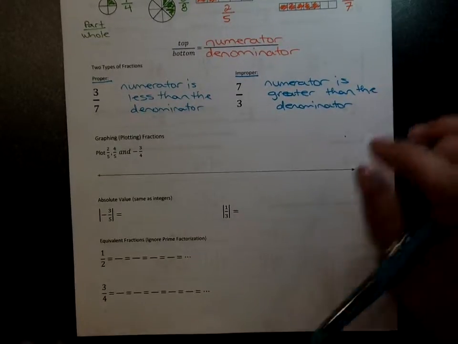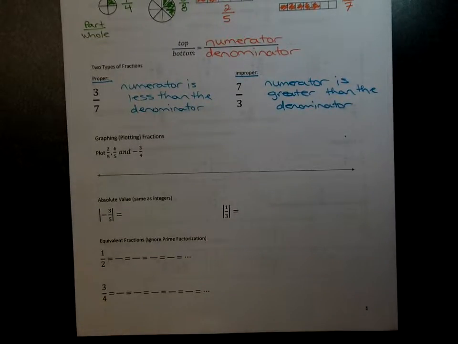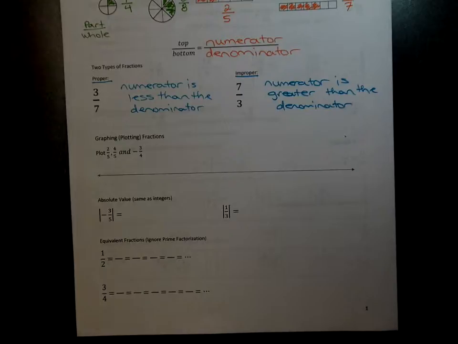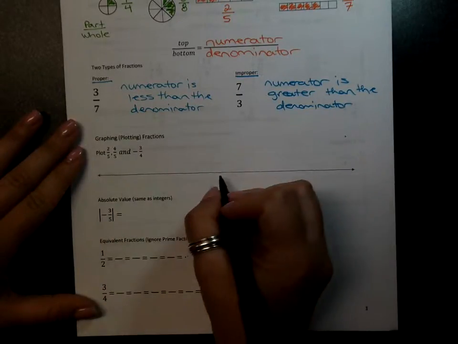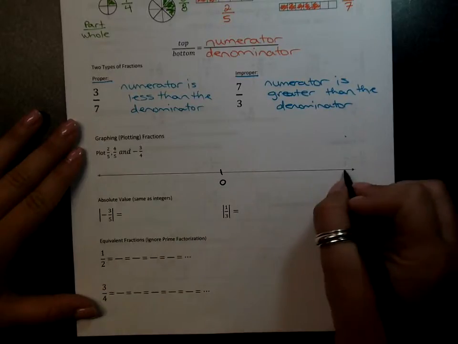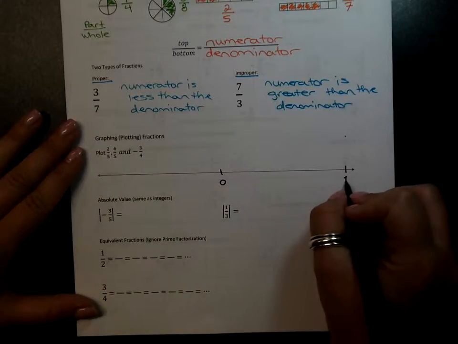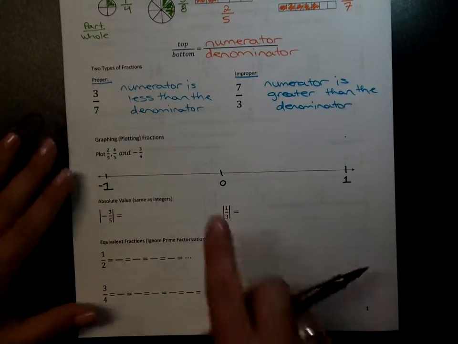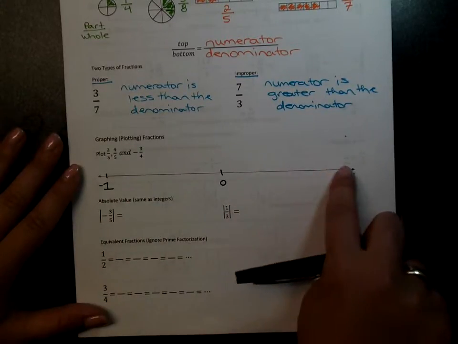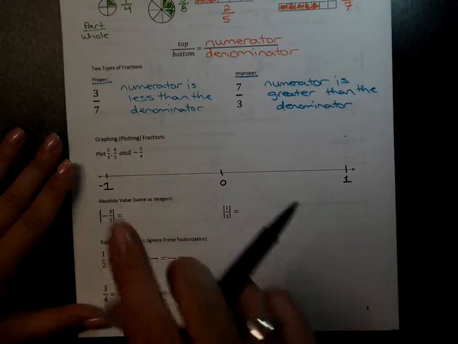From there, we're going to talk about how we plot fractions on the number line. This can be a little confusing. So if we have a plain old number line, we're going to put 0 in the middle. We're going to put +1 way over on the right and -1 way over on the left. And between those, we'll divide it out to be able to plot these fractions.